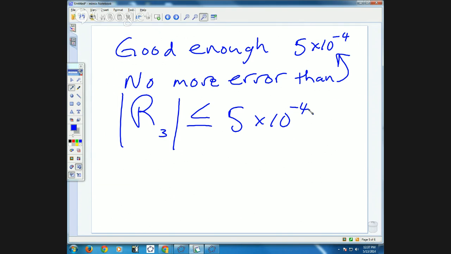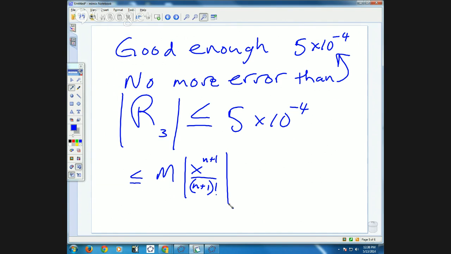The remainder theorem says that remainder is less than or equal to some maximum value for whatever derivative we're at, times the next term, n plus 1 over n plus 1 factorial. That's the formula.